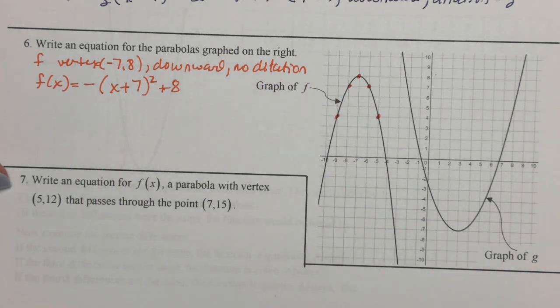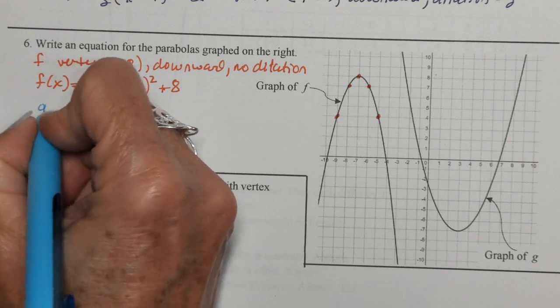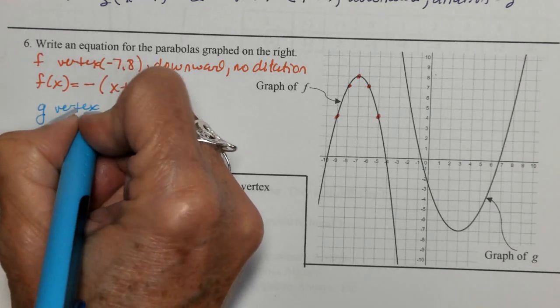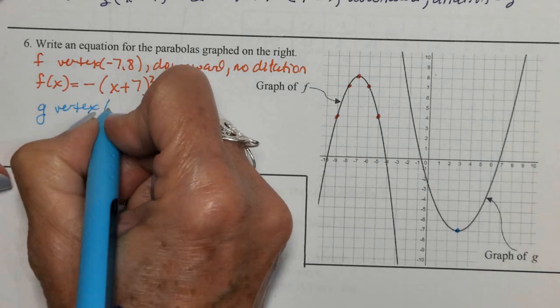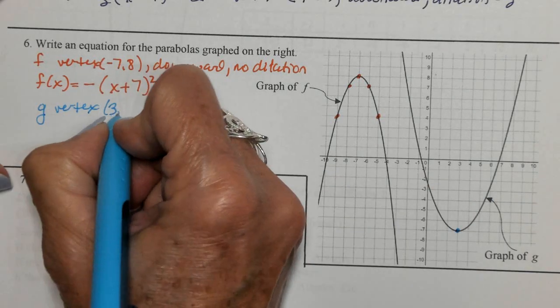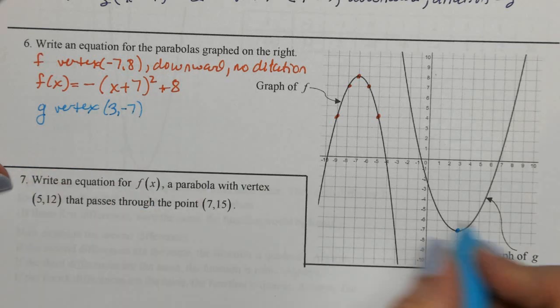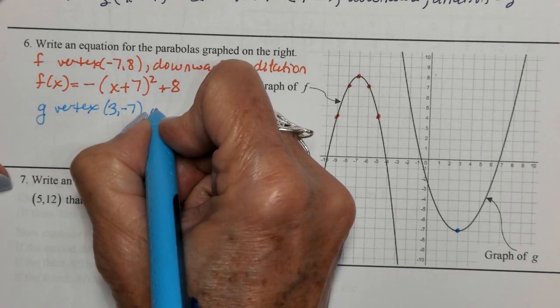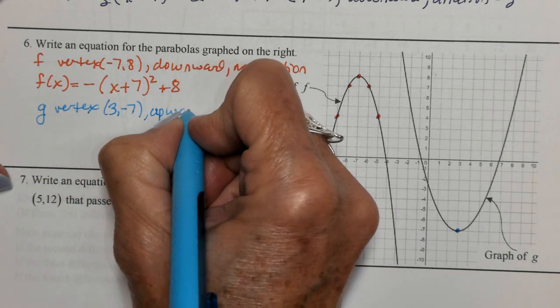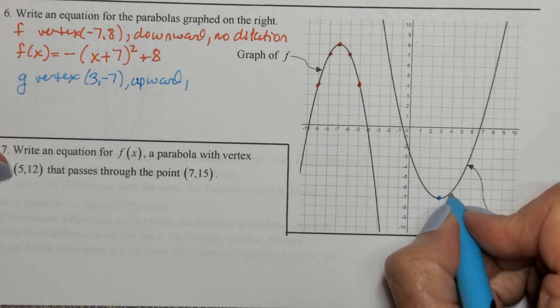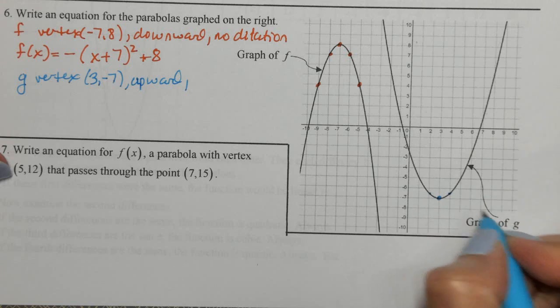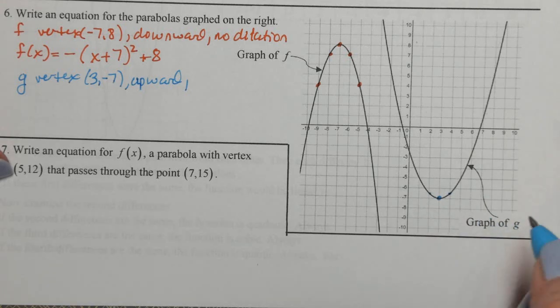Okay. What about G? What's the vertex of G? The vertex of G is 3, negative 7. It's opening upward. Does it have a dilation? I go over 1 and I am not going up 1. It's somewhere between that. It looks like 1/2.